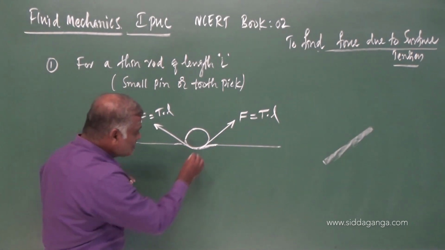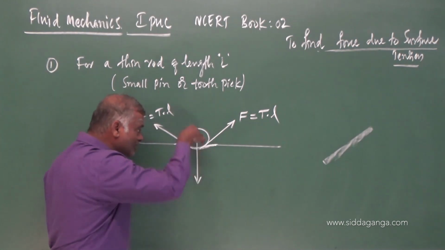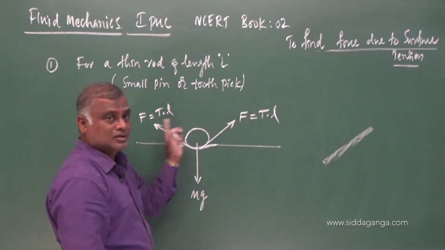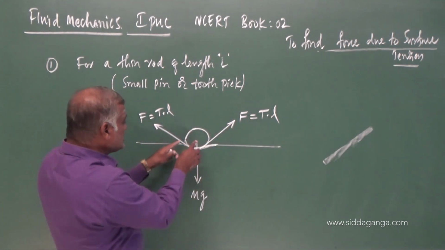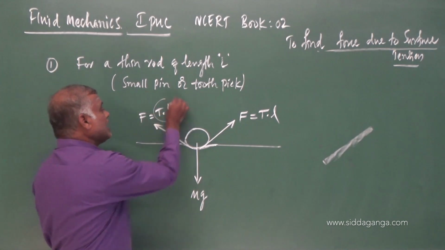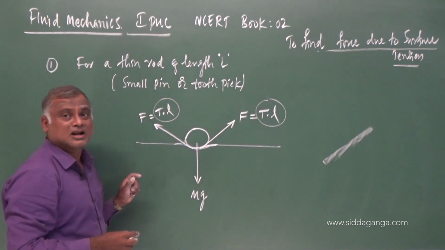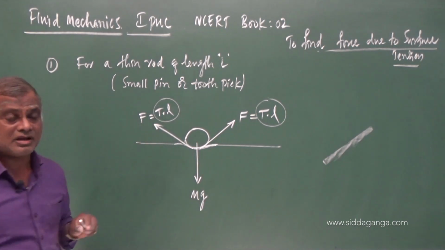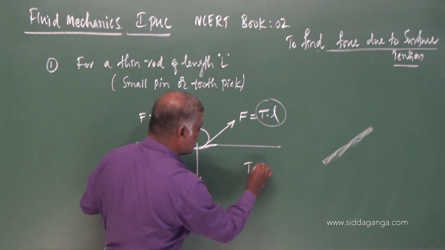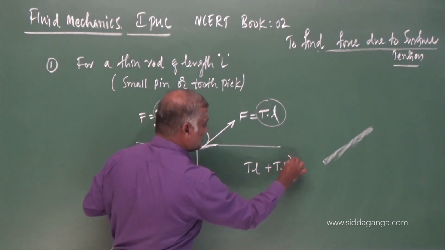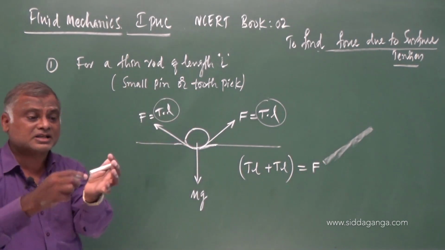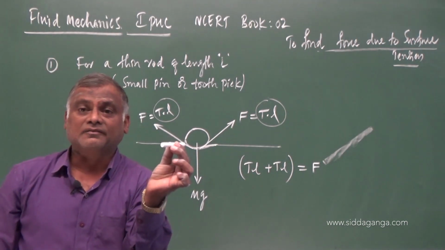Now, if I observe the net weight here, the weight of the body is acting downward. And the rod is in equilibrium now. So this TL and this TL, how much is the net force acting? When it is in equilibrium, the net force is TL plus TL, the net force acting on this uniform rod when it is placed on the free surface of liquid.